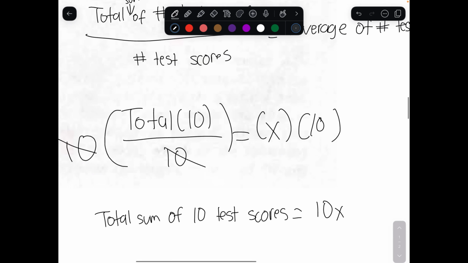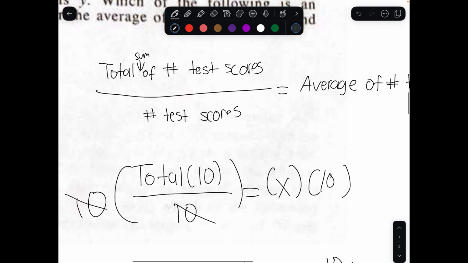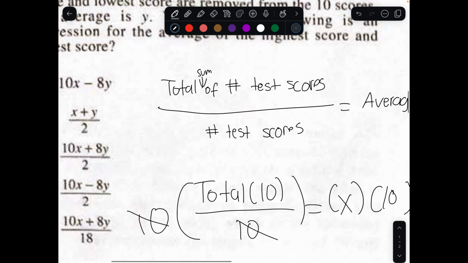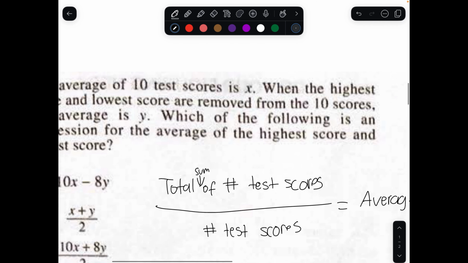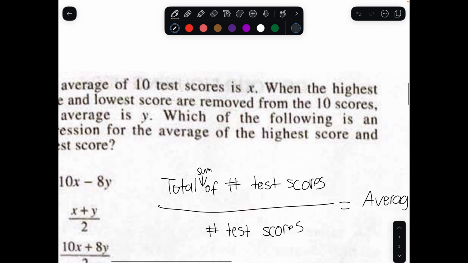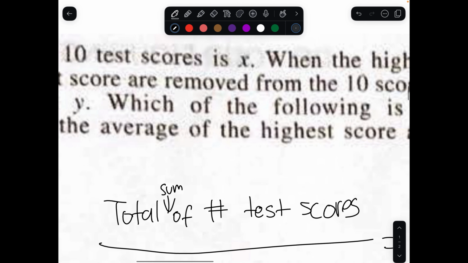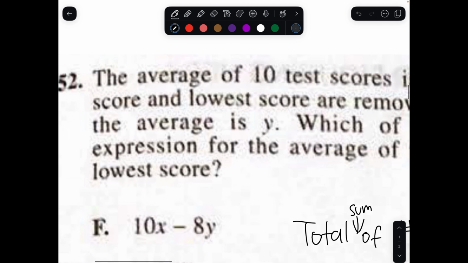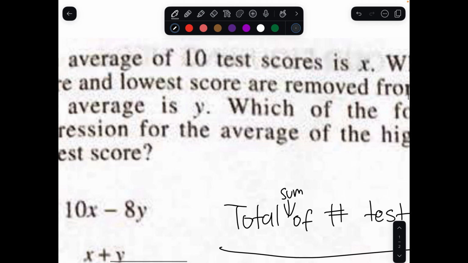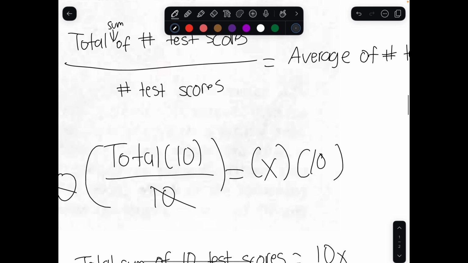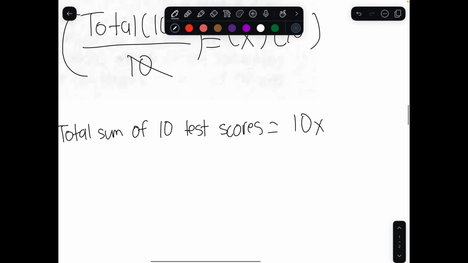The next step is we can use the same logic to figure out the total sum of 8 test scores. And why 8? Well, it tells us that when the highest and lowest score are removed from the 10 scores, the average is y. So that means since we got rid of 2 test scores, there's only 8 left, right? So we can just use that formula again.